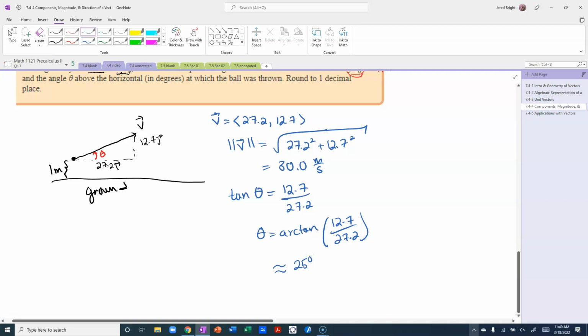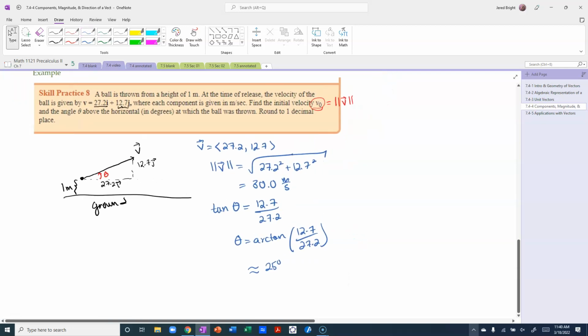To wrap this one up, I would include a sentence. It does say round to 1 decimal place, and I did round, so it's actually 25.0. So I would include a sentence saying the initial velocity is 30 meters per second, and the direction of the ball is approximately 25 degrees from the horizontal.